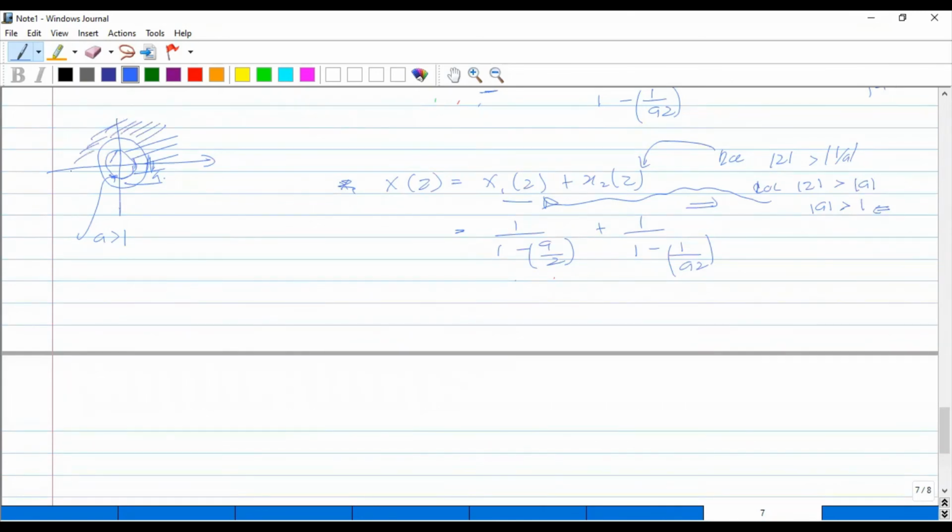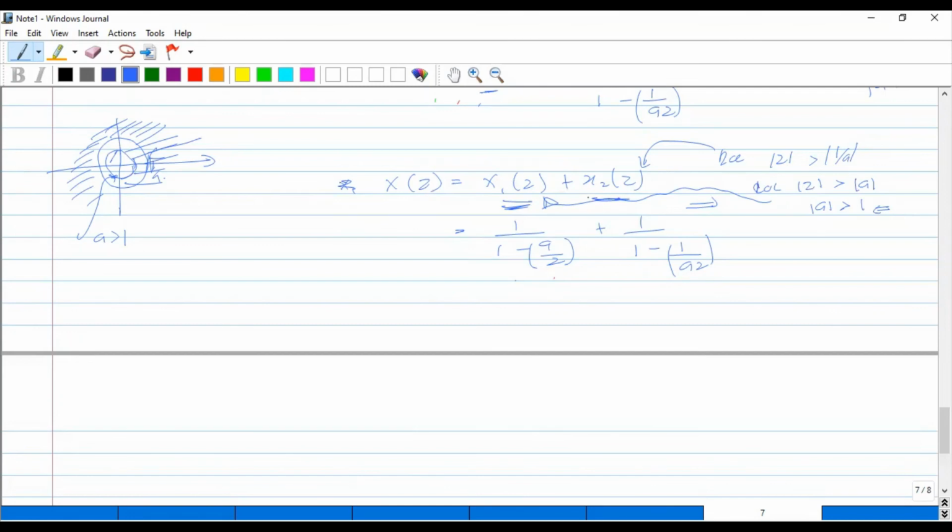So the region beyond this a value is common. Those values are common for both the x1 ROC and the x2 ROC. Intersection actually. Intersection, no?